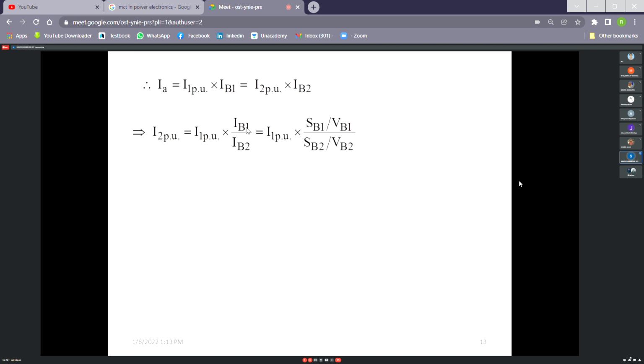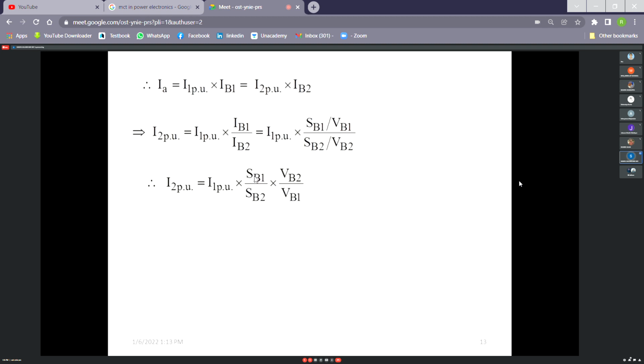Because generally current base is not readily known, but MVA and voltage are readily known for any device. So it is better to express the base quantities in terms of base MVA and base voltage that I have discussed in an earlier class.